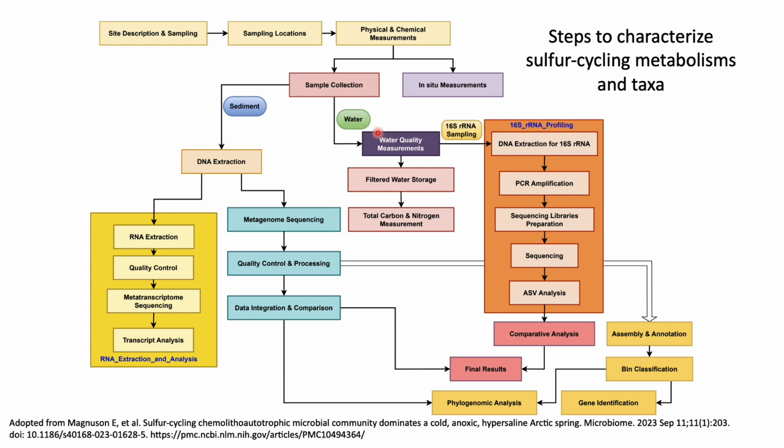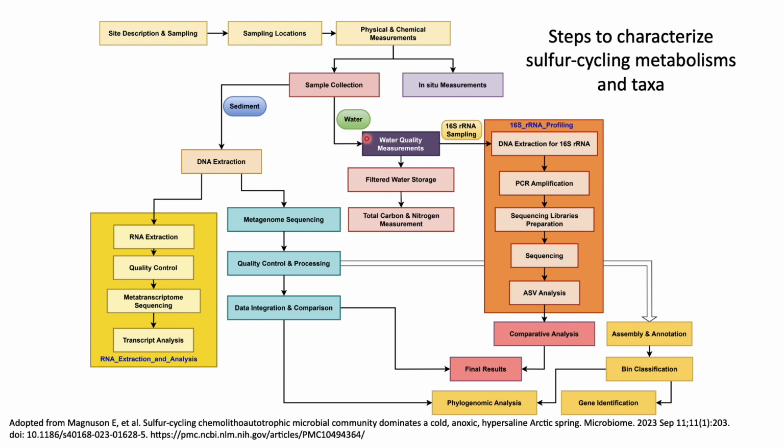And for the sample collected, after the data integration and comparison, people also carry out phylogenomic analysis, and from the bin classification also people do the phylogenomic analysis. So these are the two ways by which the entire species is sequenced.